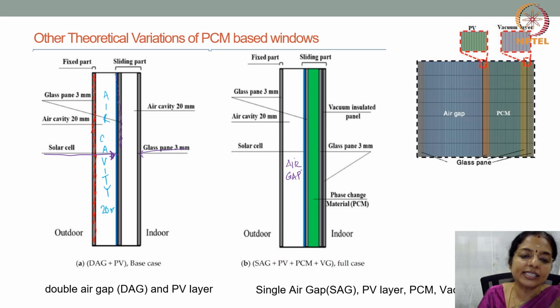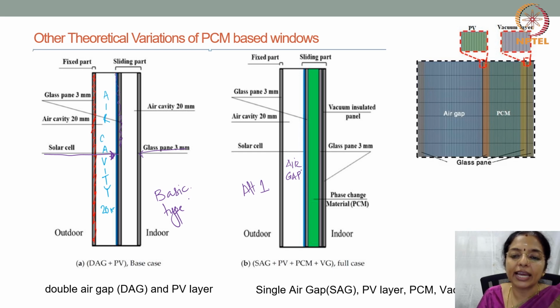If this is the basic type, this can be an alternate one, where first you have a glazing, then you have an air gap, then you again have the solar cell or solar film attached to a glass, and in this space you can have your phase change material filled in.